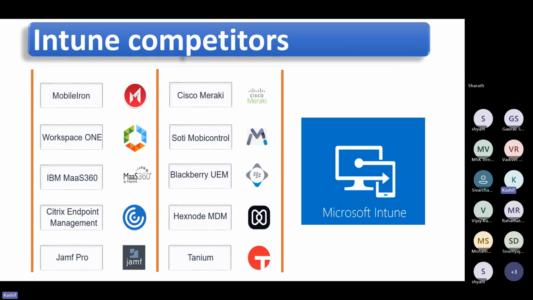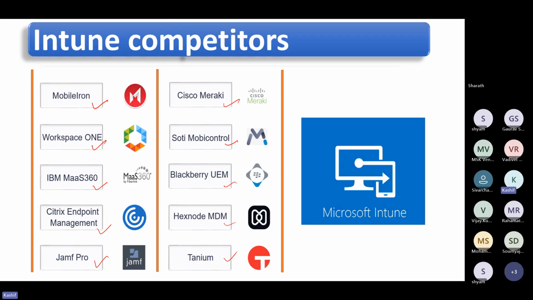Now Intune has various competitors, like MobileIron, Workspace ONE, IBM MaaS360, Citrix Endpoint Management, Jamf Pro, Cisco Meraki, SOTI, BlackBerry, Hexnode, Tanium. These are some of the competitors of Intune, but they are very tiny in front of Intune.